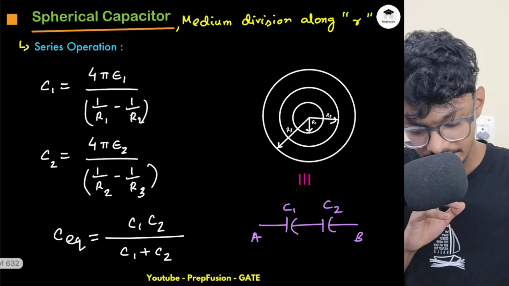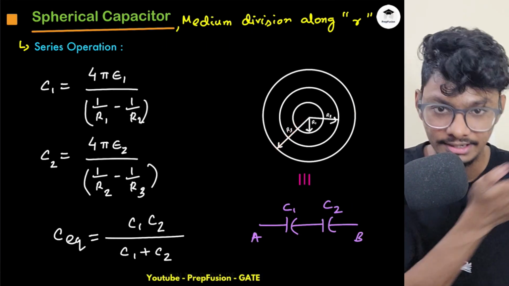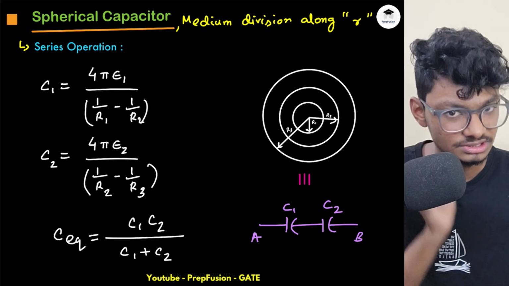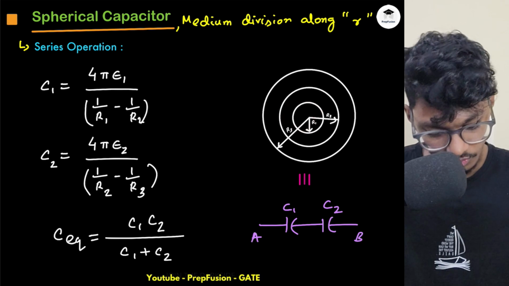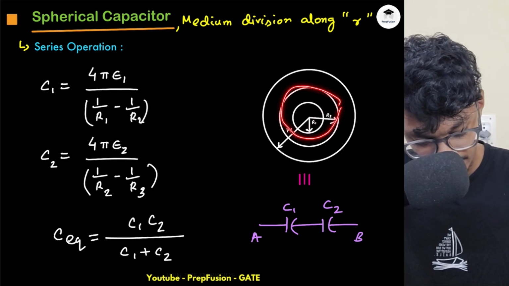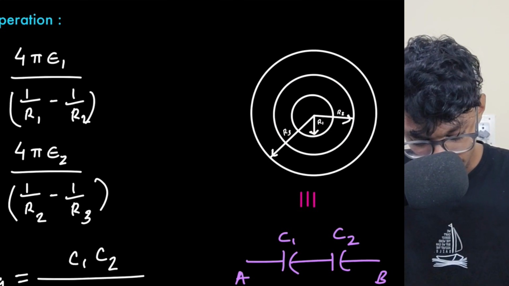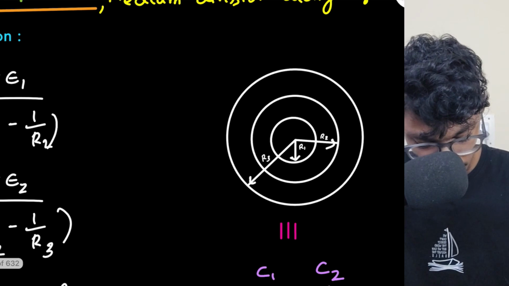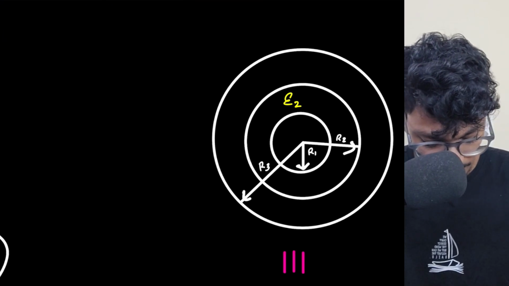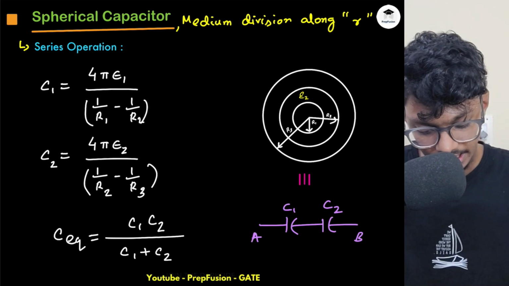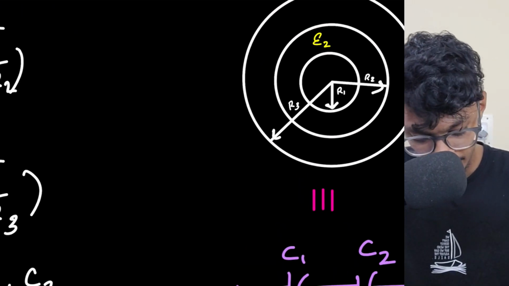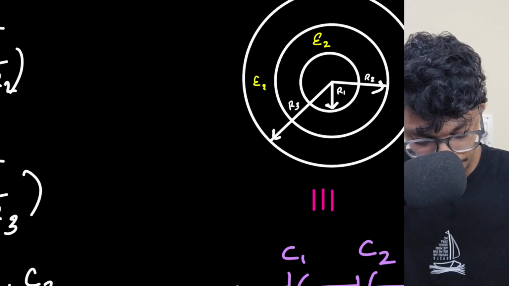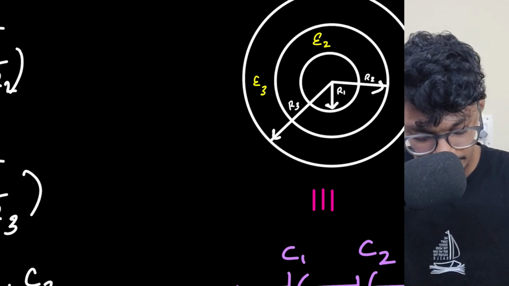If there is variation along r, along the radial direction, then how will the capacitors be connected? Let's say I have one spherical capacitor here, and another spherical capacitor here. In between these two, they have a permittivity of epsilon 2. Then I have a third spherical conductor which has a dielectric permittivity of epsilon 3.